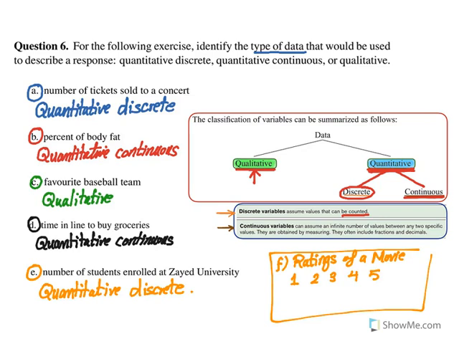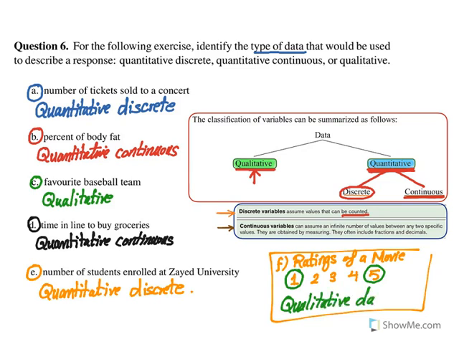You notice here that these numbers do not mean the real numbers that you can use your calculator for. These are just ratings. So we know that number 1, for example, means that it's a poor movie. Number 5 means that it's an excellent movie. So even though they are numbers, they are describing a quality. So this would be qualitative data.